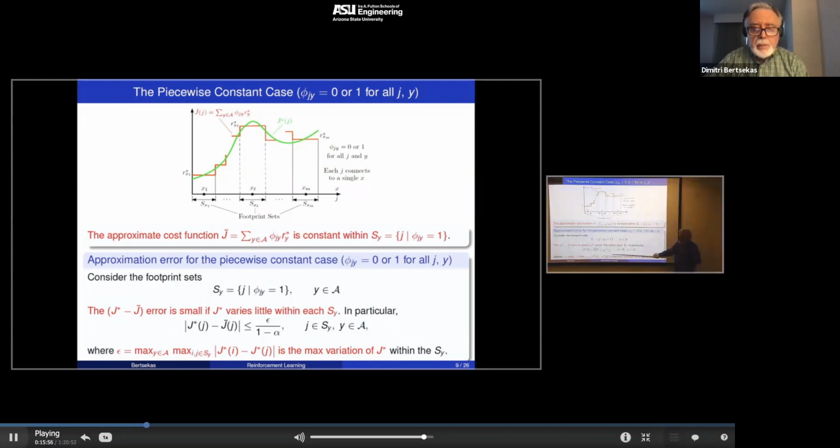But the thing to read from this theorem is that the error is small if J star does not vary very much within this footprint. In fact, if J star did not vary over this footprint, if the original green function were piecewise constant, exactly like that, then aggregation would nail it exactly, would find the exact J star.